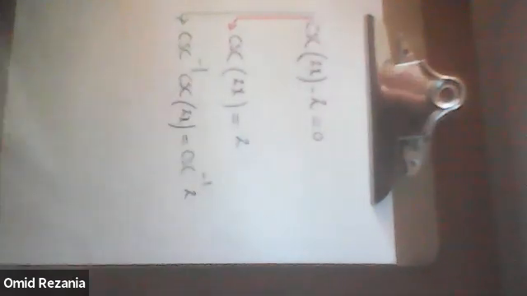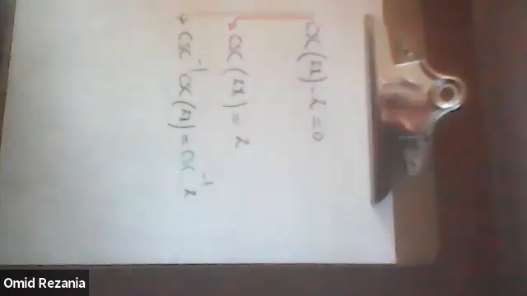So when you take the inverse of the cosecant from both sides, you are only taking the cosecant inverse of the number 2.